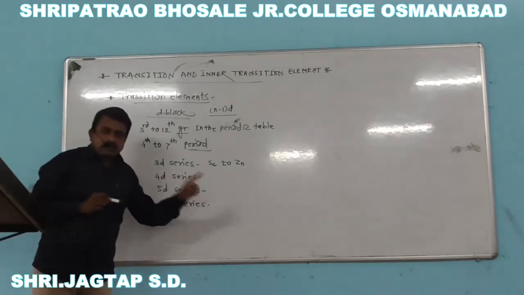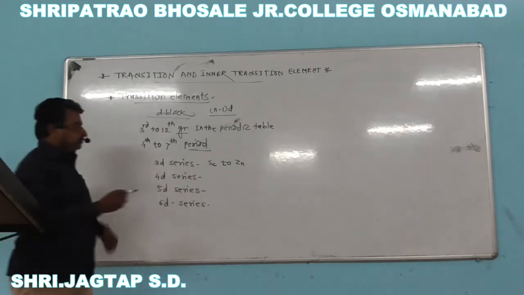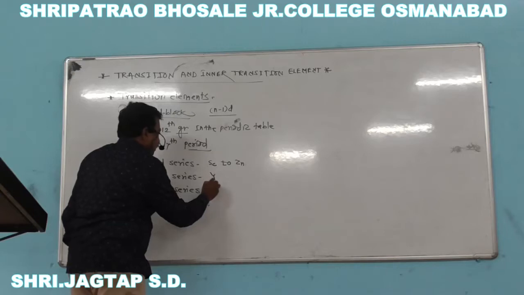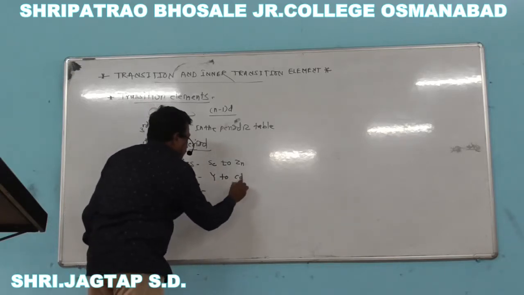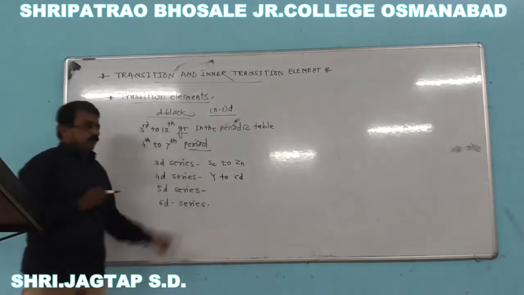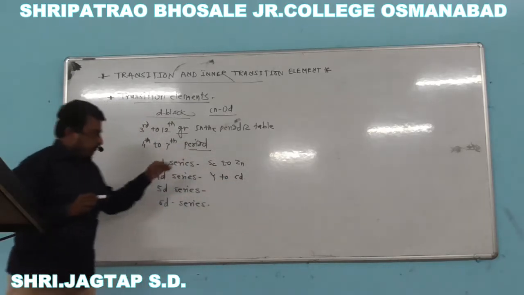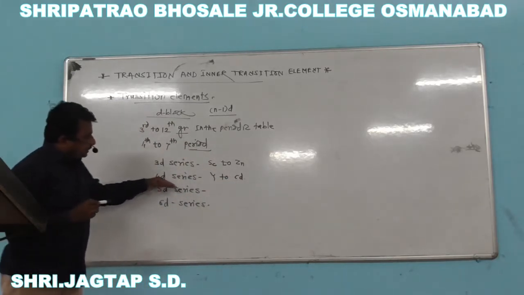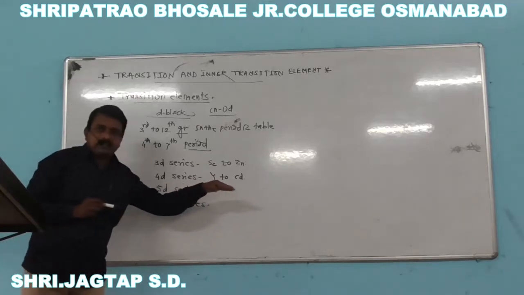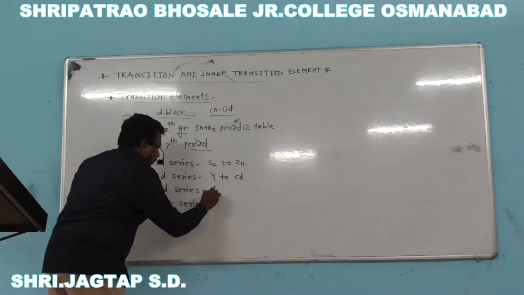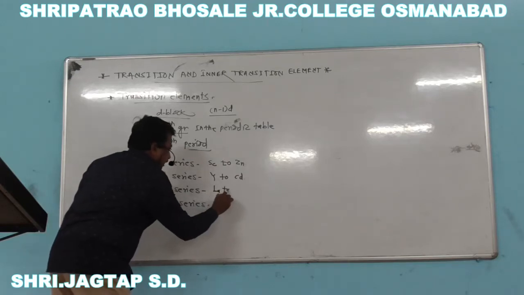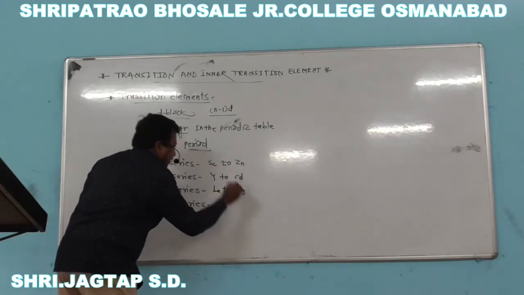The 4d series also contains 10 elements, starting from yttrium and ending with cadmium. Similarly, the 5d series also consists of 10 elements, starting from lanthanum and ending with mercury.